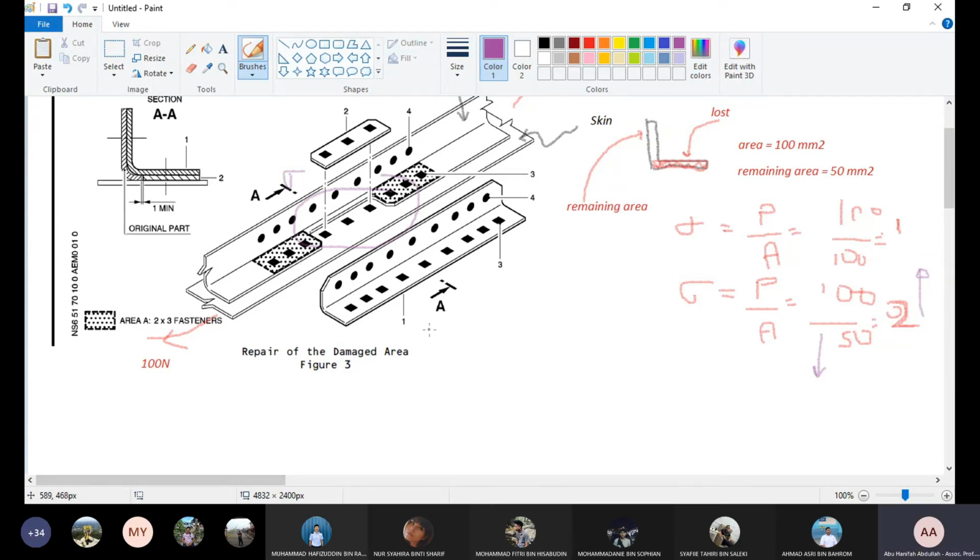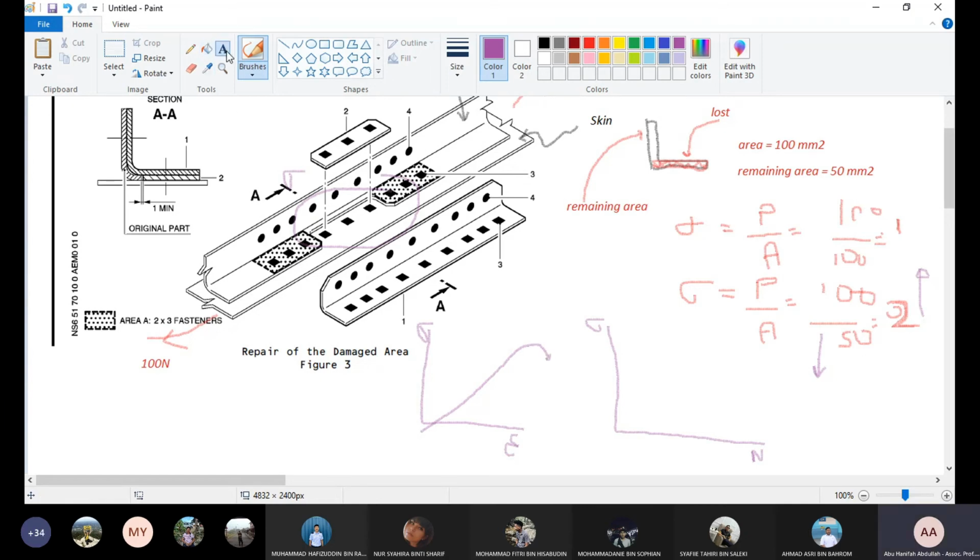Let's go back and look at the 2 graphs that I have shown you. One is the stress strain graph. One is the stress cycle graph. So stress and strain, you can see we have plotted until it fails here.